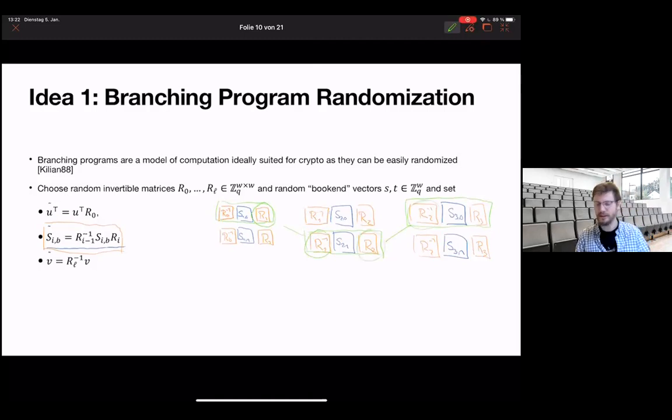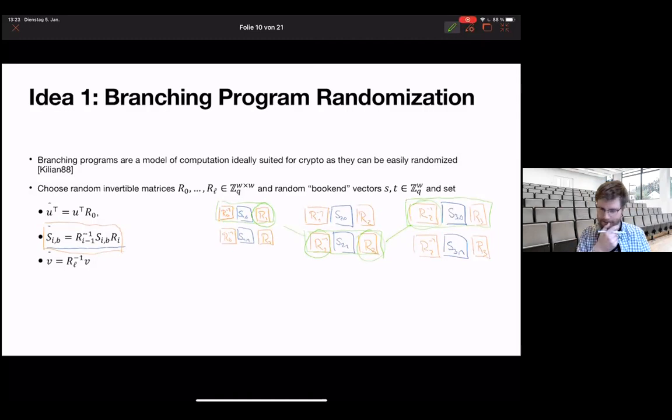This R2 and this R2 inverse, they cancel out. So this randomization, in some sense, makes these matrices S tilde i,b random. It injects randomness into them, but it still preserves the correctness of evaluation.